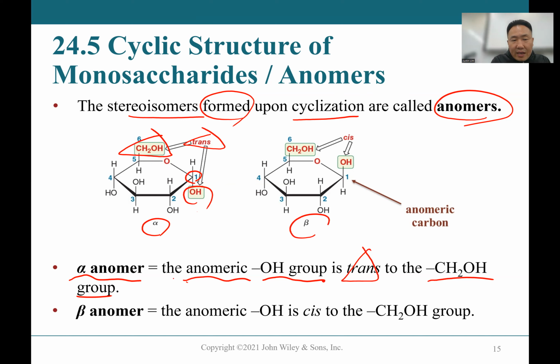The beta anomer is where the anomeric OH is cis to the CH2OH group, on the same side. You can see OH and CH2OH. So we call this carbon the anomeric carbon.